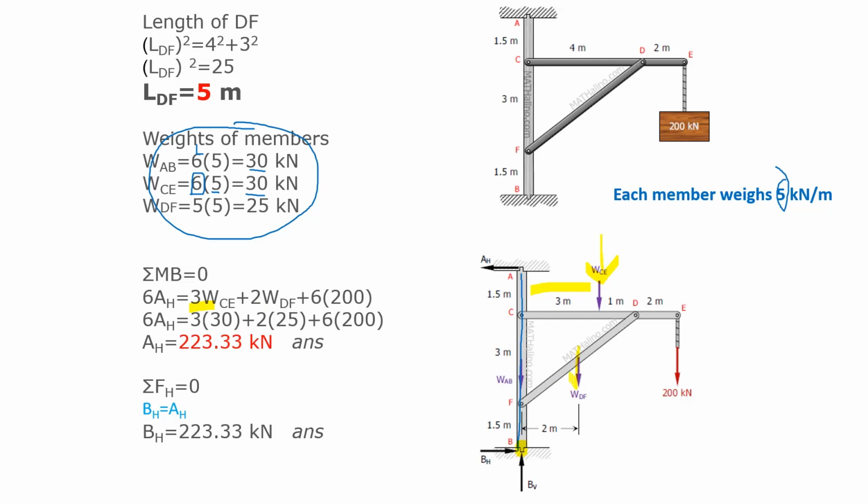This force has 2 meters of length, and next this force, which is 200 kilonewton, and it is acting on 312, means 6 meters, from 6 meters. So when we put the numbers here, we calculate the A horizontal.